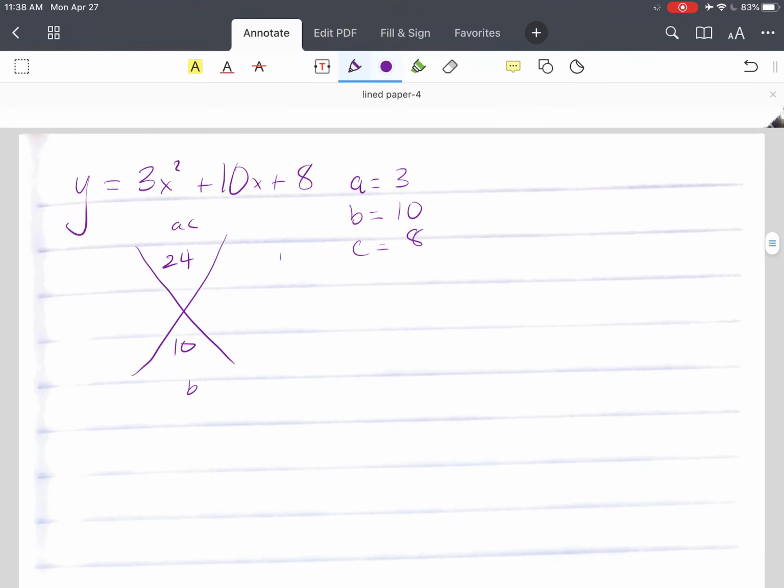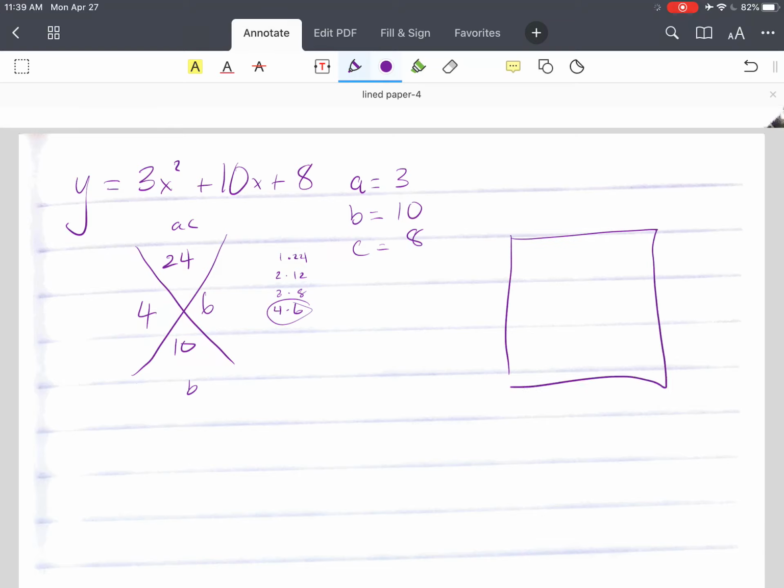If you already know the answer, awesome. If you don't, let's think of what times what equals 24. So I know 1 times 24 is 24. I know 2 times 12, 3 times 8, 4 times 6, and that's where we stop. And then what two numbers add up to 10? 4 and 6, right?